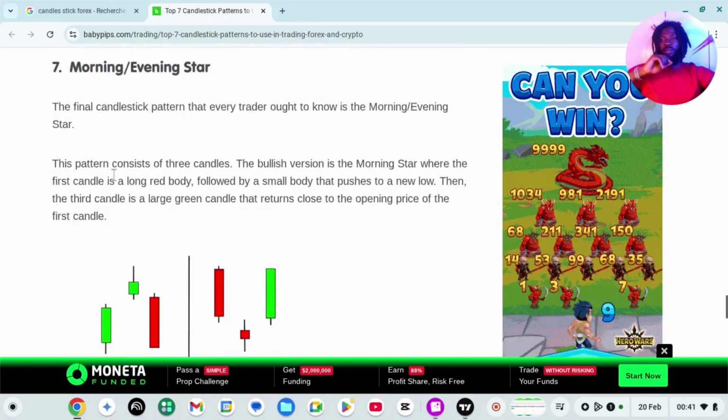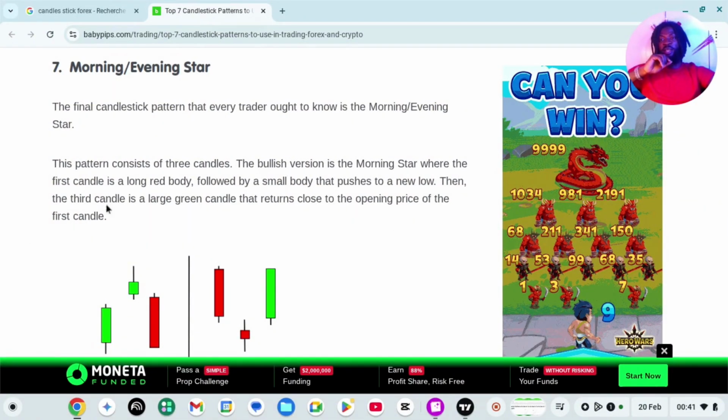This pattern consists of 3 candles. The bullish version is the morning star, where the first candle is a long red body, followed by a small body that pushed to a new low.